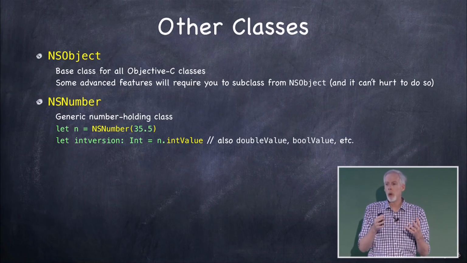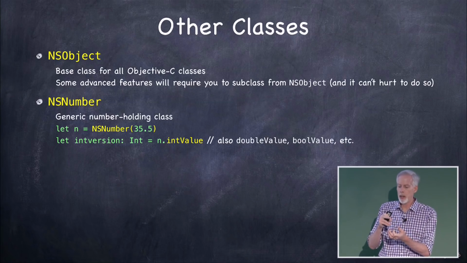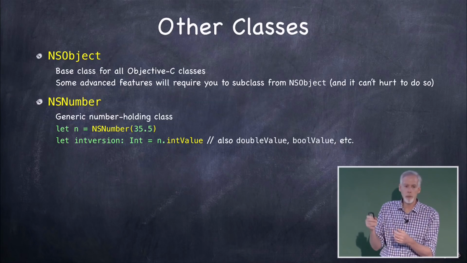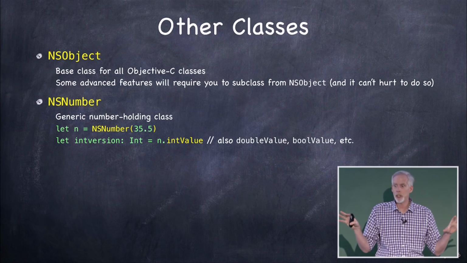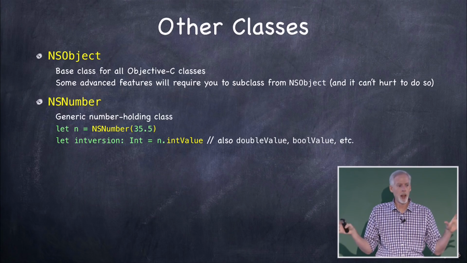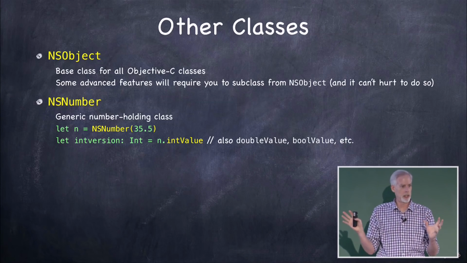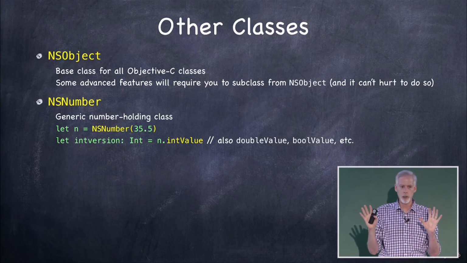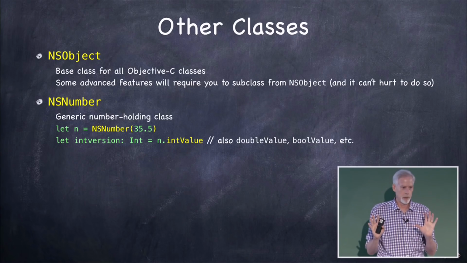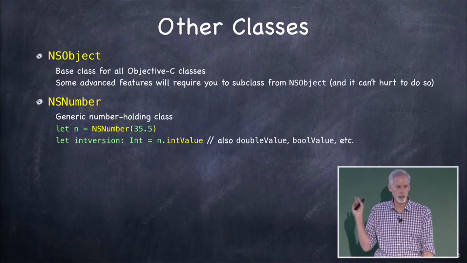Well, the answer is those things, array, dictionary, int, double, and NSNumber, are all bridged magically and automatically. As you call functions that require one to be one way or the other, it just automatically works. There's a lot of magic going on in the Objective-C runtime to make that work. And we're going to take advantage of that bridging in a couple of slides here.